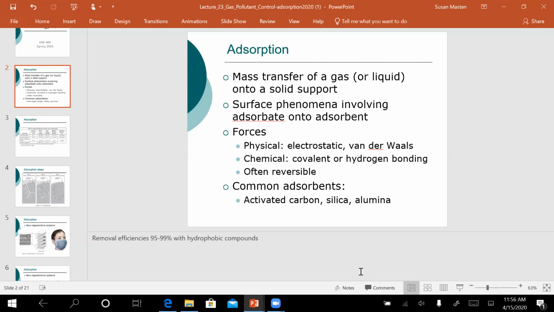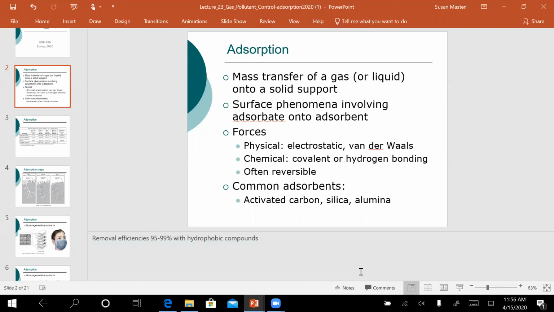With adsorption, we're looking at transferring either a gas or it can be a liquid contaminant onto a solid support. So you can think of it more as a two-dimensional process because the reaction adsorption is actually occurring on a surface. So it's a surface phenomena. We talk about an adsorbate.